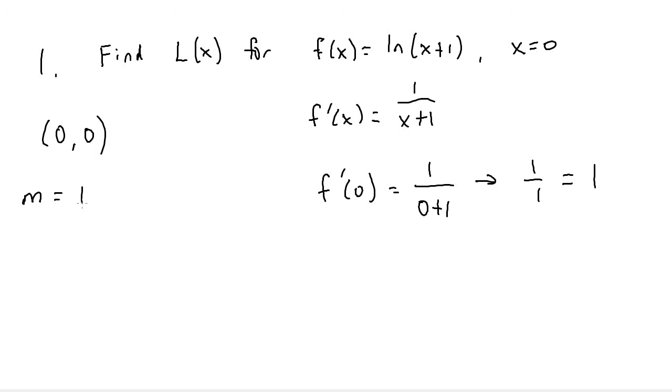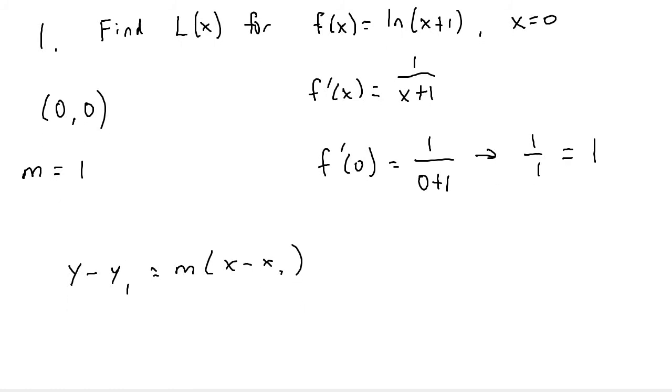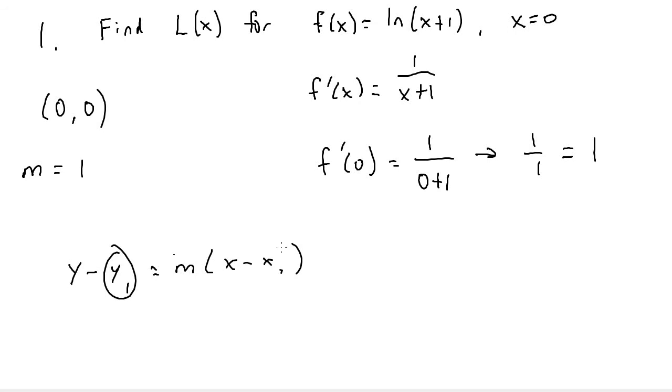So now, in order to write the linearization equation, we just need to use our standard point-slope formula. So we do y minus y1 equals the slope times x minus x1. We already have our x1 and y1. That's our standard coordinate, which is 0, 0.